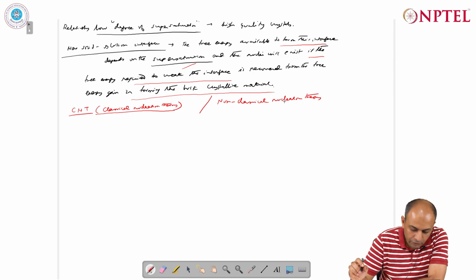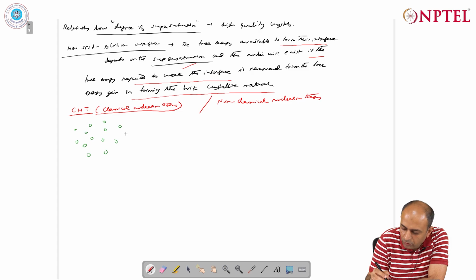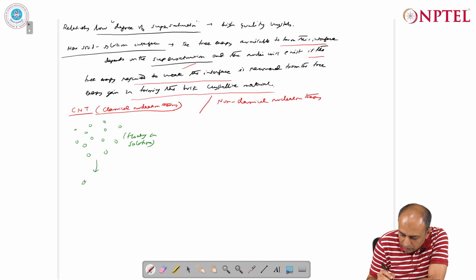So, in the case of the classical nucleation theory, we have these ions, atoms or molecules which are floating in solution. And what happens is that these come close to each other to form a nucleus.